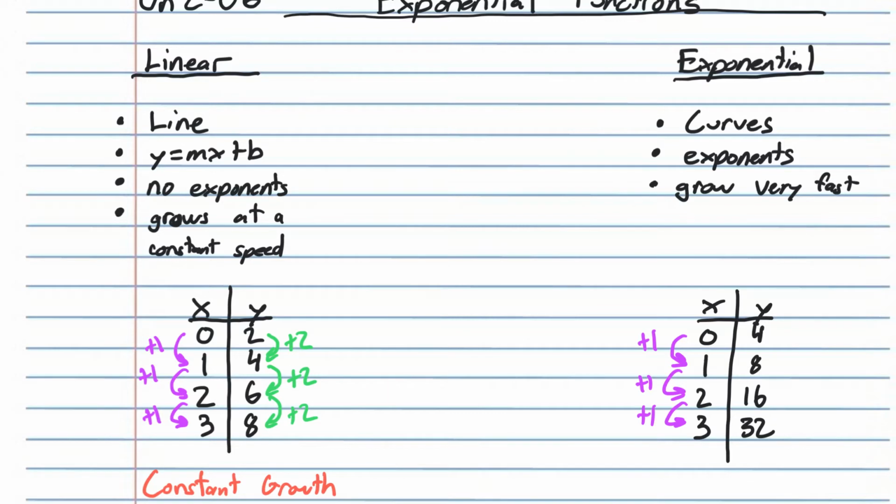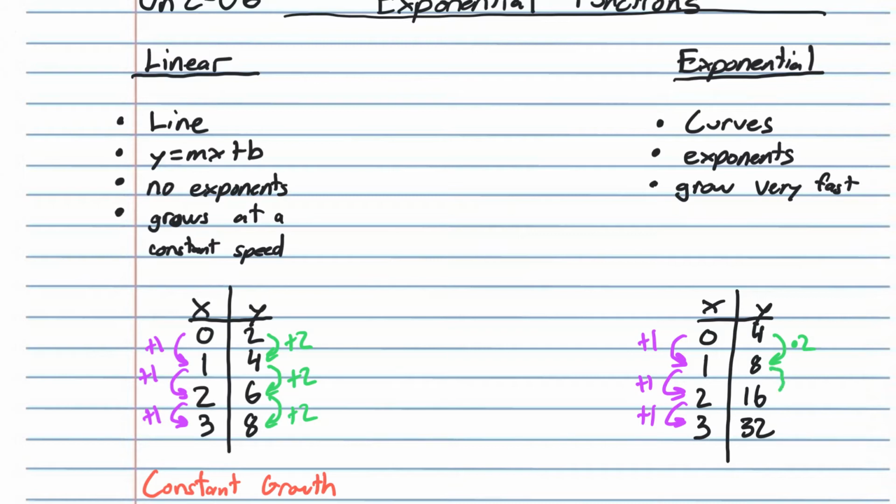See how it's growing very, very fast compared to its linear counterpart? But there is still a pattern to these. If you go from 4 to 8, you could think of it as adding 4, but that's not going to work for the next one, going from 8 to 16. But it does work if you multiply by 2.